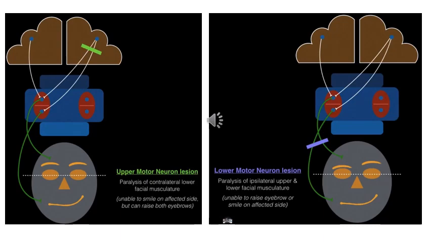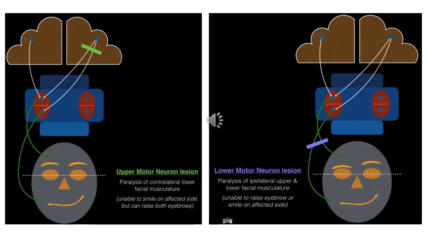In the dorsal division, you can see that bilateral supply is present, whereas the ventral division has only the crossed supply from the cortex. From this nucleus itself, the lower motor neurons, shown in green, emerge to the upper face and the lower face.